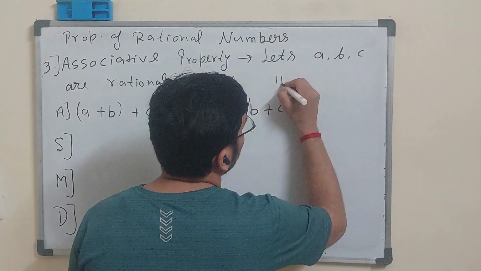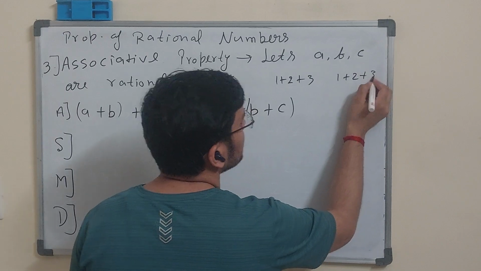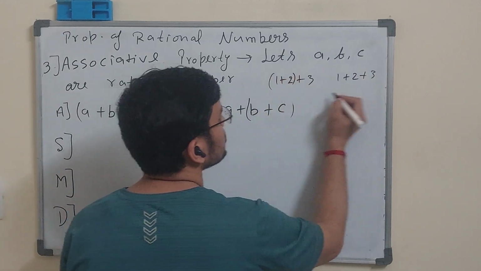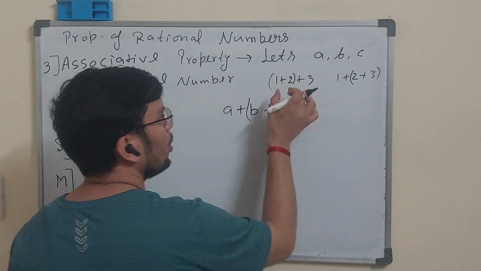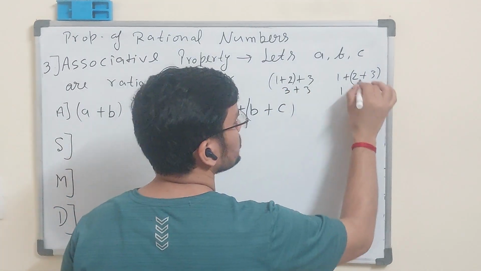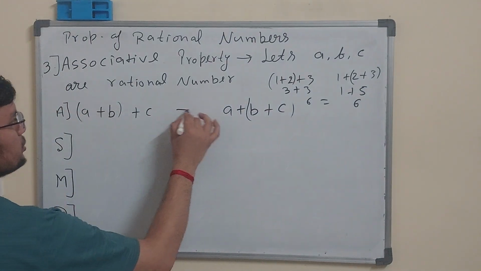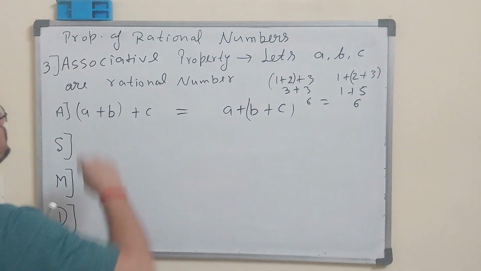First we add 1 plus 2, again we add 2 plus 3. 1 plus 2 we get 3, plus 3 is 6. Both are equal. So this property is valid.